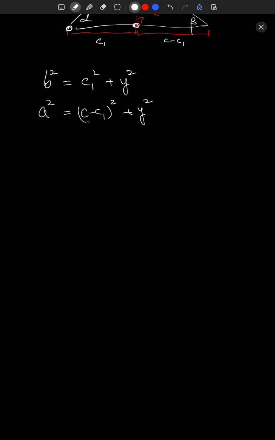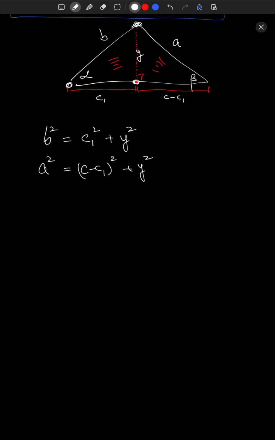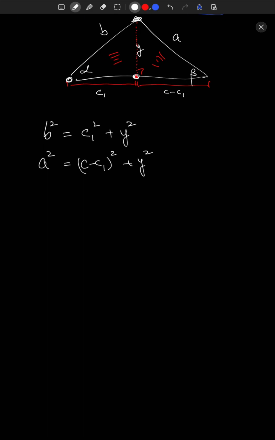What I'm going to do is subtract the two equations. This makes sense because y is not a natural quantity in my triangle. My triangle consists of A, B, C, alpha, beta, and gamma. Y is just a length that I made up by dropping the perpendicular.